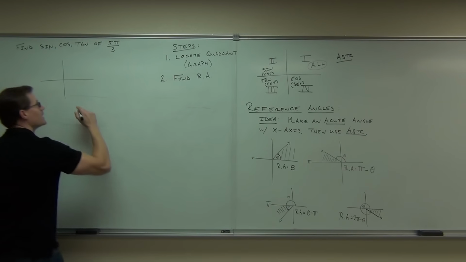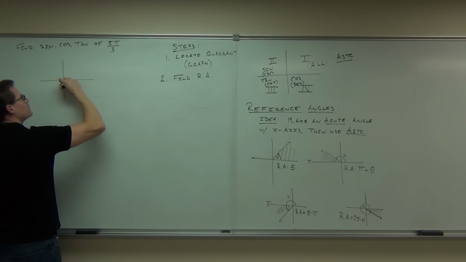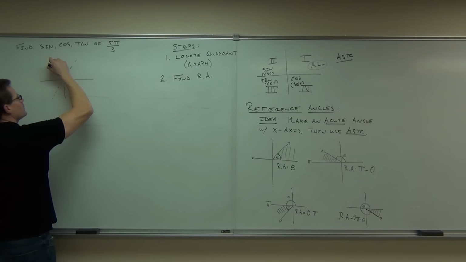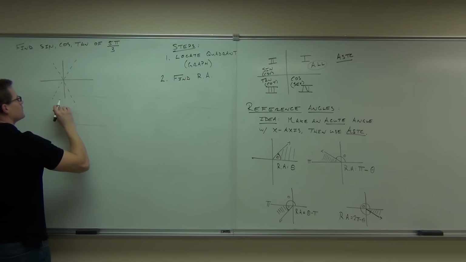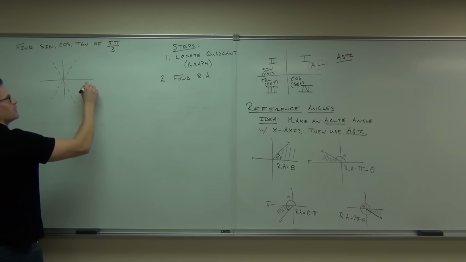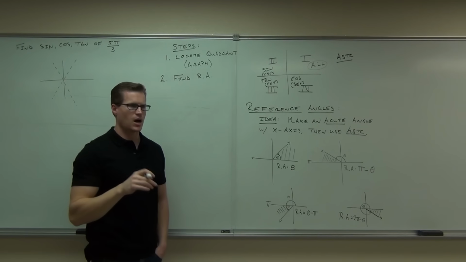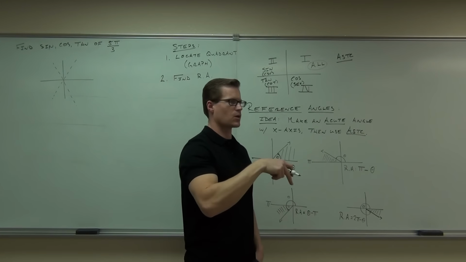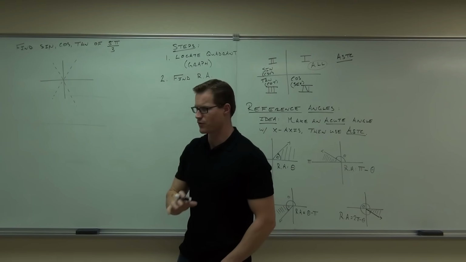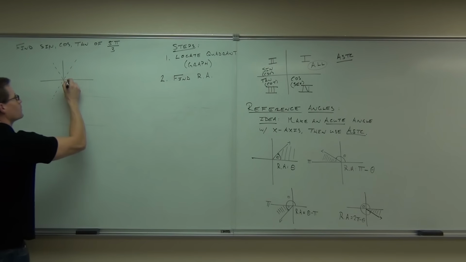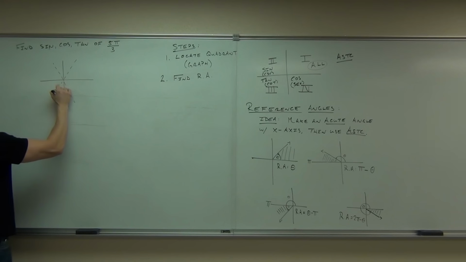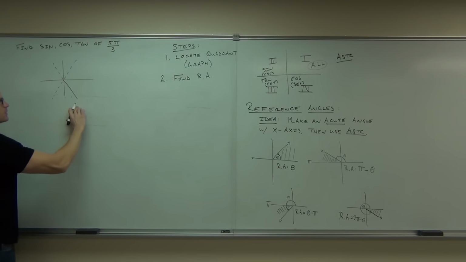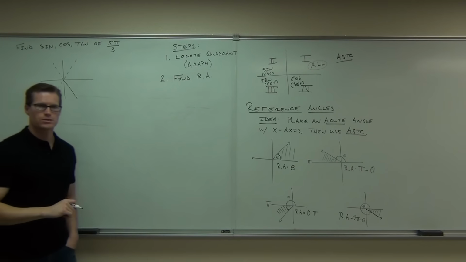We've already done that today. I know 5 pi over 3 is positive, so we're going to be going counterclockwise. I'm going to count 5 pi over 3s. So that means I'm going to go 1, 2, 3, 4, and I should be ending at that one. Did you end at that one also?